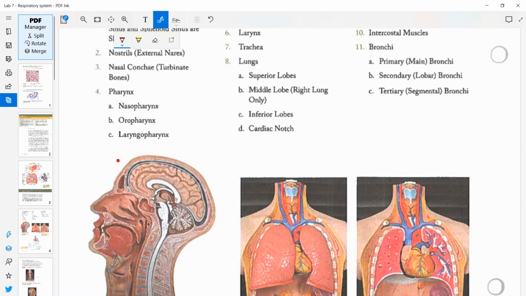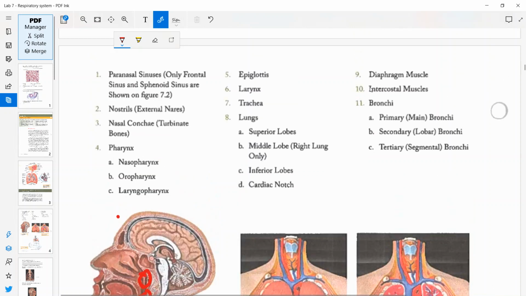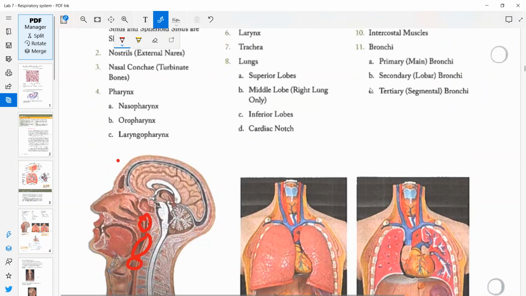I'm going to remove it. And pharynx. So relatively small nasopharynx, oropharynx, and laryngopharynx, different three parts of the throat. Now we're going to get rid of it again, okay?